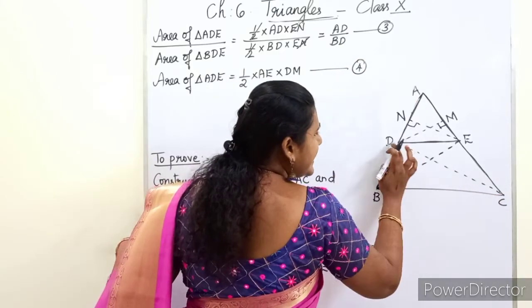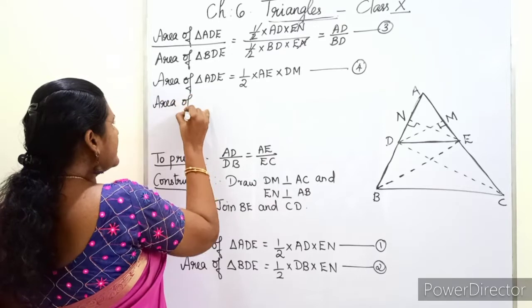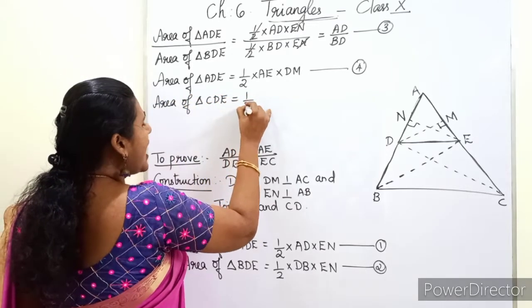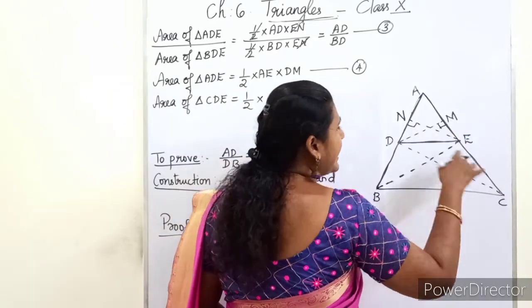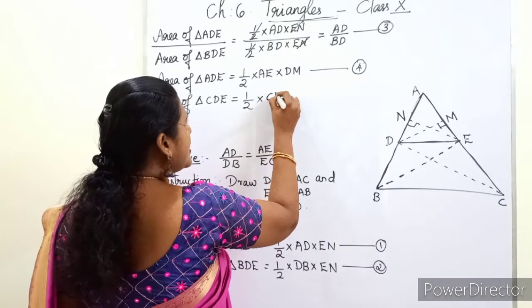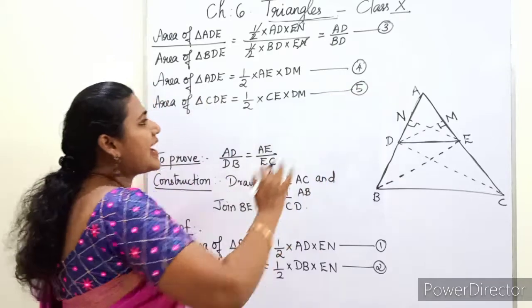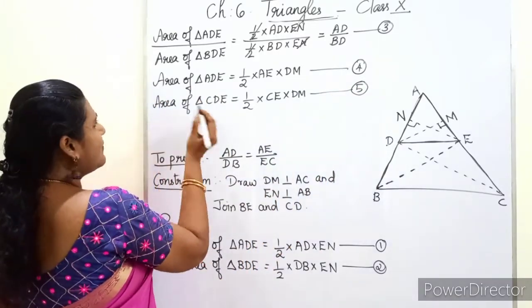Similarly, area of triangle CDE is equal to half into, what is the base for this triangle? CE, and again height is DM. So half into CE into DM. This is equation number 5. Again we will divide equation 4 and 5.